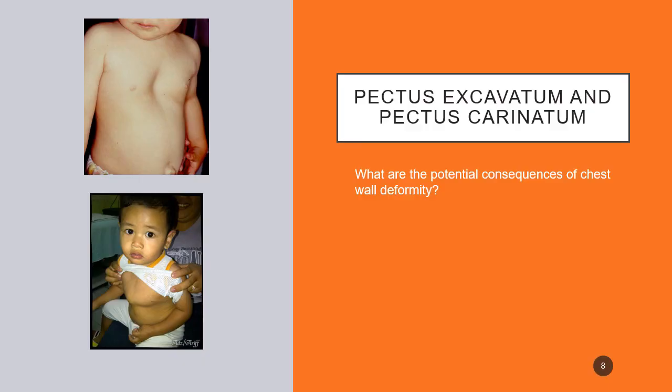You may notice some chest wall deformities. So pectus excavatum and pectus carinatum are two chest wall deformities that you may see. These are congenital chest wall defects. The major concern with chest wall deformities is the ability for the chest to adequately expand in order for gas exchange to occur.